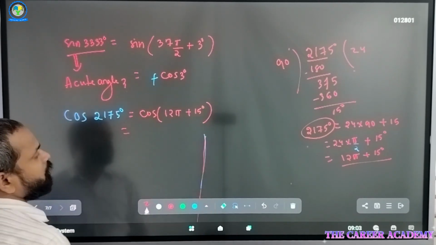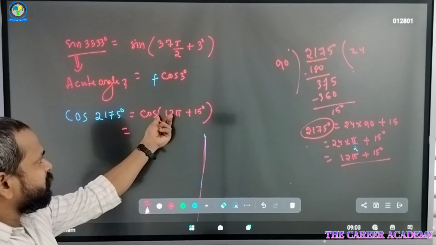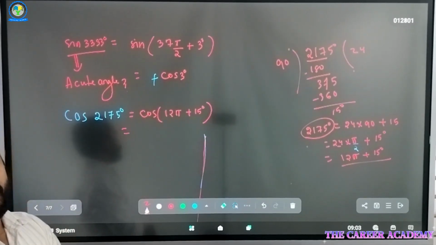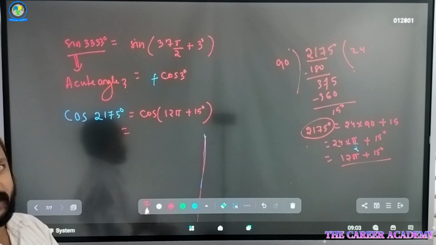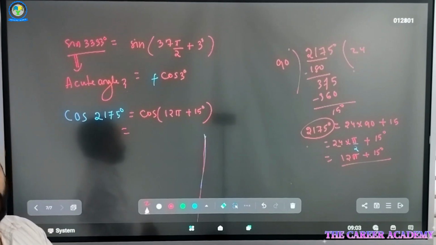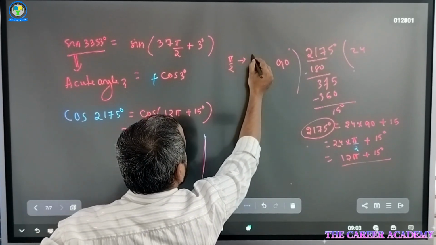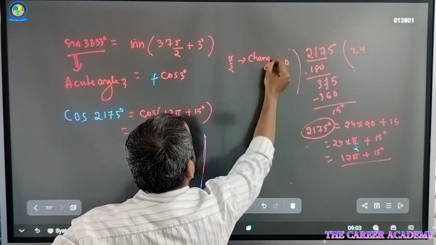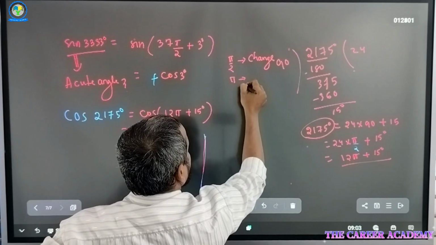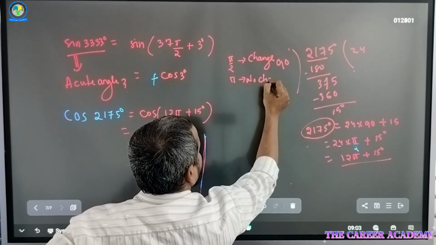Here it is which form, students? It is pi form. Pi form means what I told you? There is no change. Always remember, pi by 2 will be changed; pi means no change.